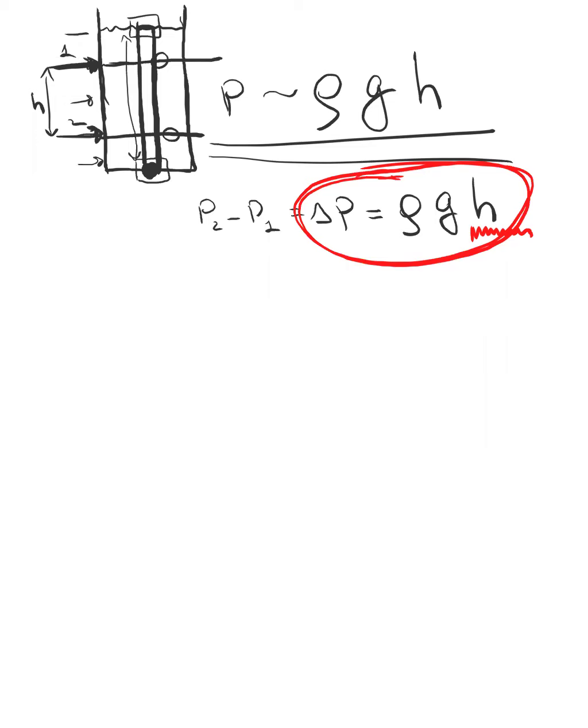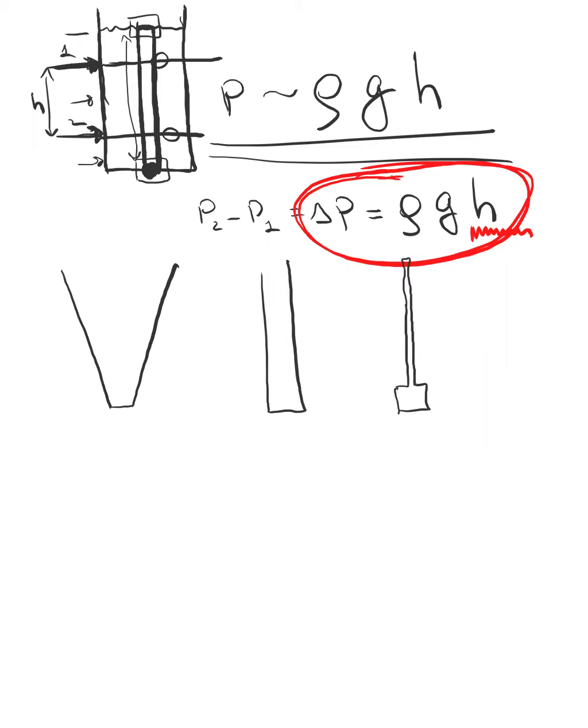From this formula, it follows that if you have a vessel that looks like this, and a vessel that looks like this, and maybe a vessel where I have some base, and on top I have some very narrow tube.